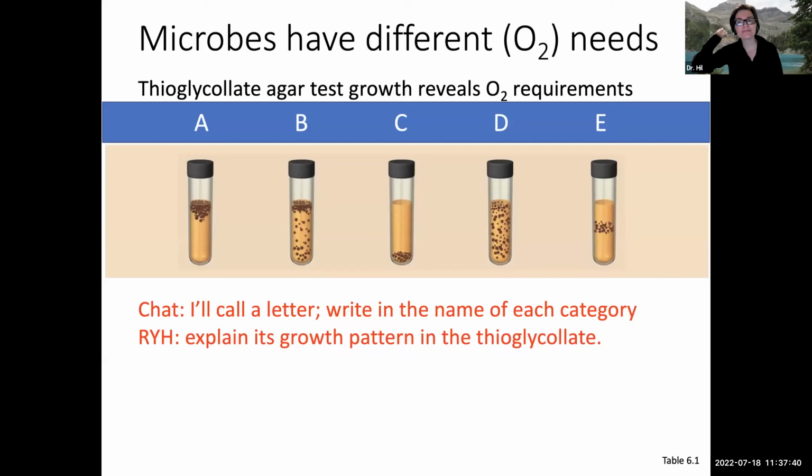That's right. Aerotolerant. So it's growing using some metabolic strategy that does not rely on oxygen. It basically just has some way to defend itself against reactive oxygen species, but doesn't actually use or care about oxygen particularly.